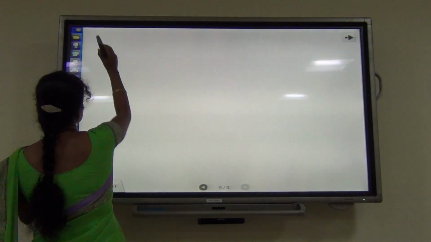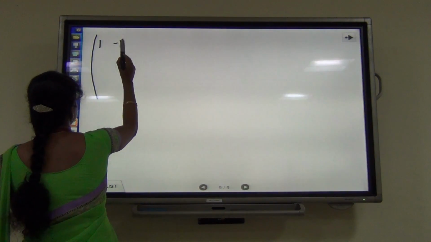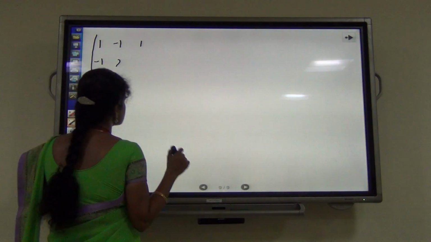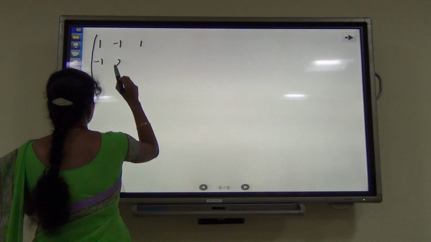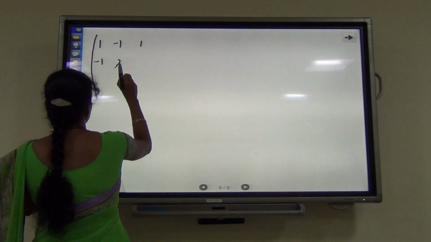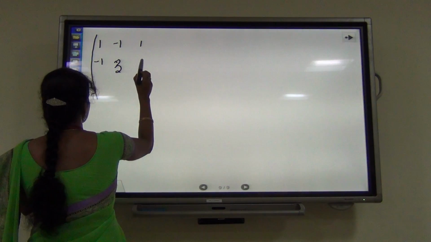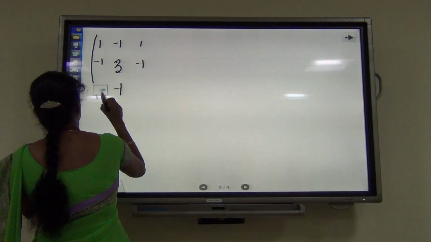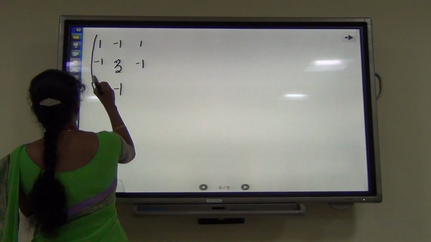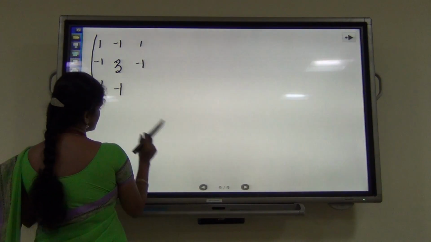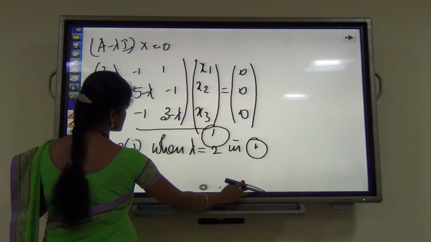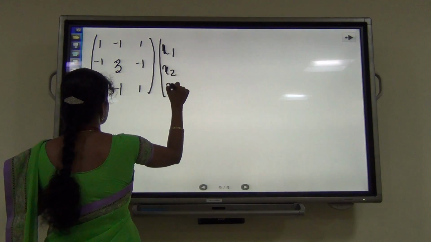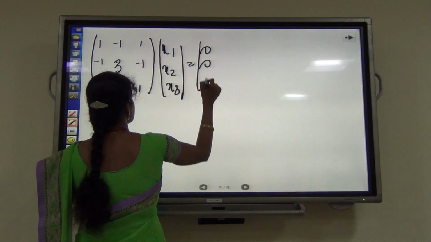So the reduced matrix has first row 1, minus 1, 1, second row minus 1, 3, minus 1, and third row 1, minus 1, 1, into x1, x2, x3, which is equal to 0, 0, 0.